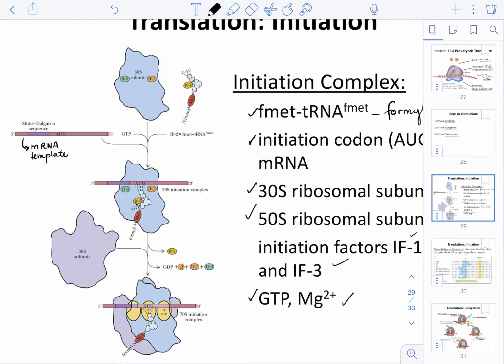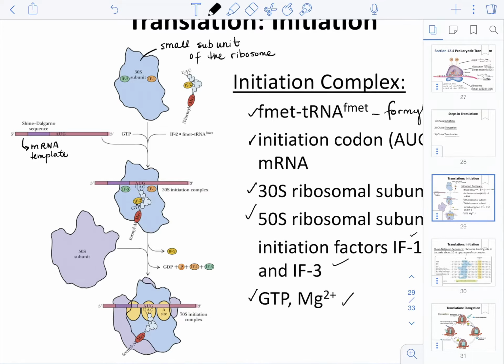Remember that the process we're talking about is in prokaryotes, so this is not modified like we saw in eukaryotes. We're going to have a small subunit of the ribosome come and interact specifically with our mRNA template.